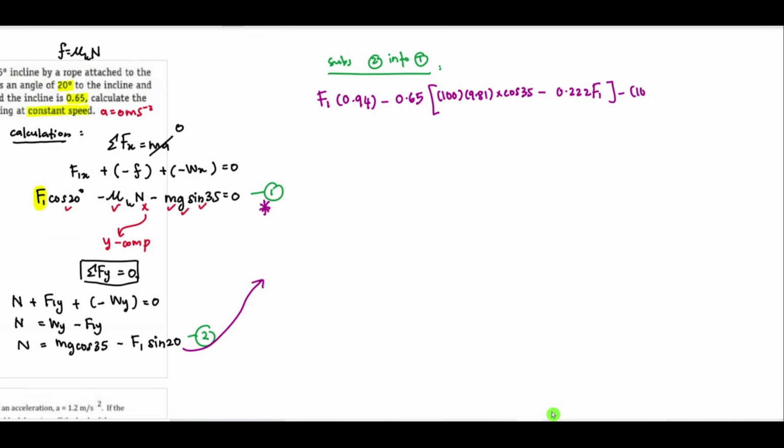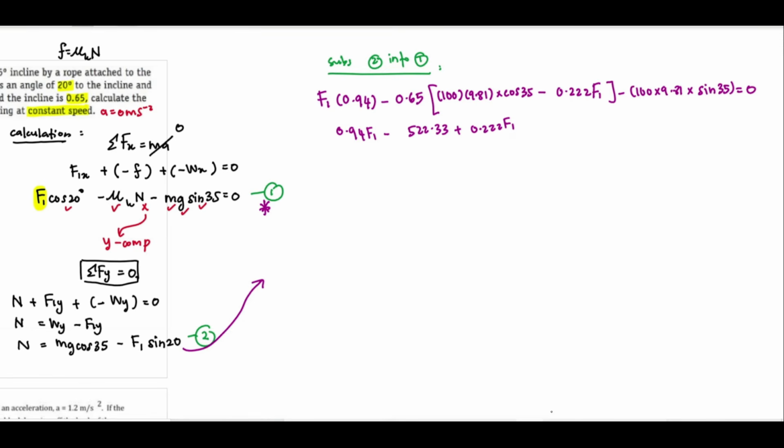So darabkanlah 100 times 9.81 times sin 35. Okay, equal to 0. Panjang kan? So kita selesaikanlah sikit-sikit. So 0.94 F1 minus, so selesaikan 522.33 plus 0.222 F1. Okay, ni awak kira. So dapat berapa tu?